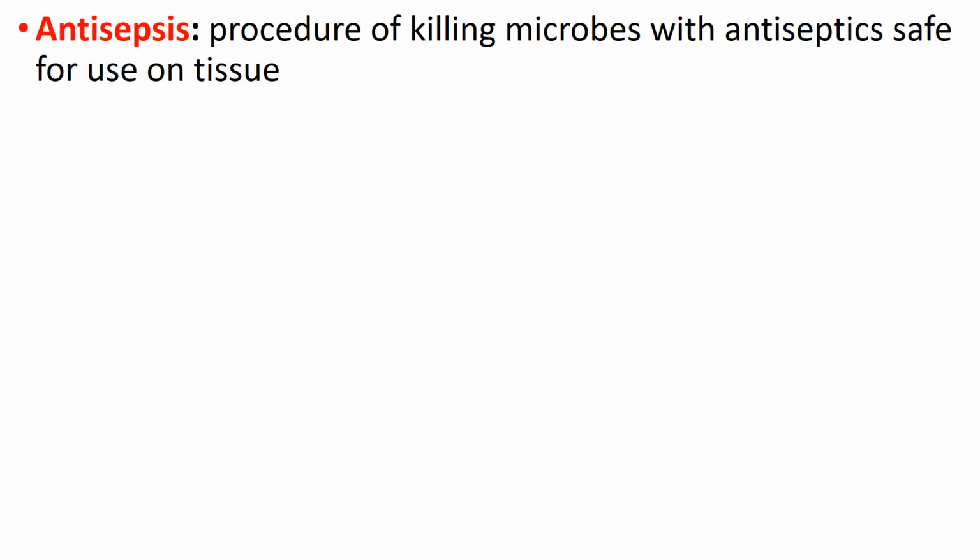Okay, so antisepsis. Antisepsis is a procedure for killing microbes with antiseptics that are safe for use on tissue. So you're going to distinguish between disinfectants and antiseptics. Disinfectants, remember, are to be used on fomites, on inanimate objects.